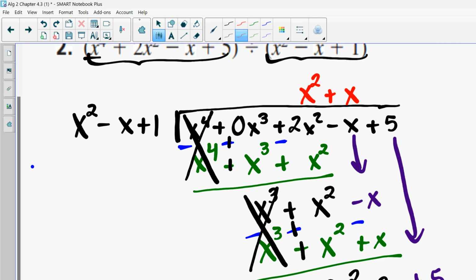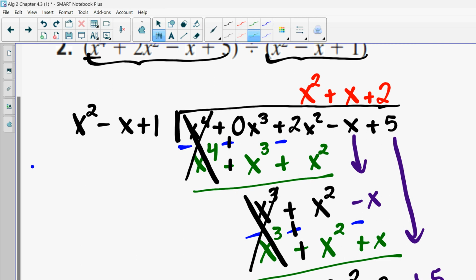Now we repeat the process again and ask, what do we need to multiply our x squared by to give us 2x squared? We need to multiply it by 2, and since it's a positive 2, we say plus 2, because our x squared times 2 would indeed give us 2x squared, which is exactly what we wanted.